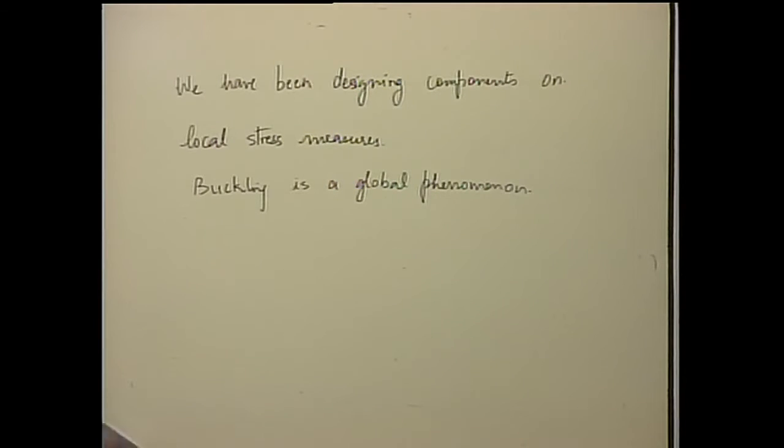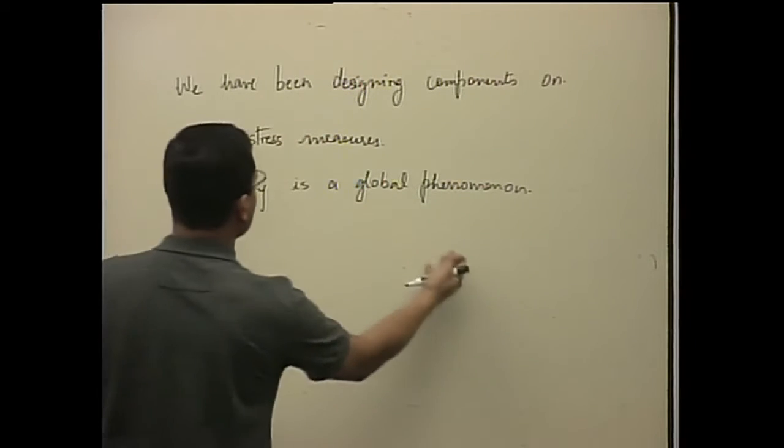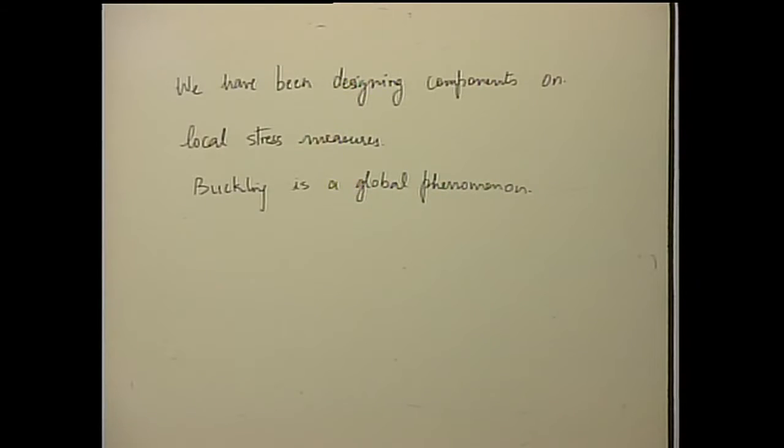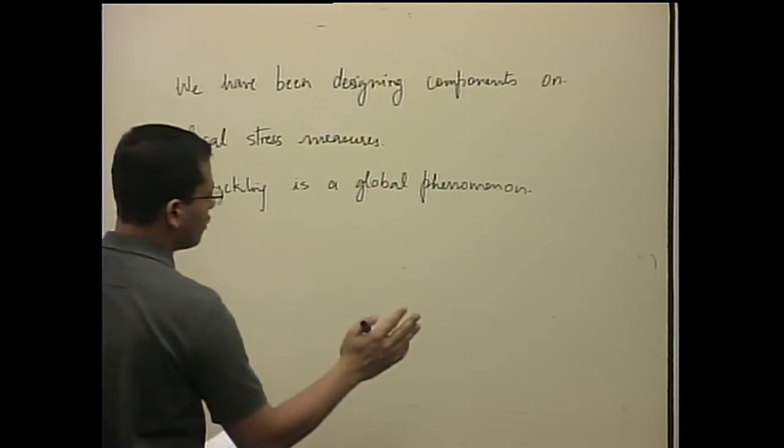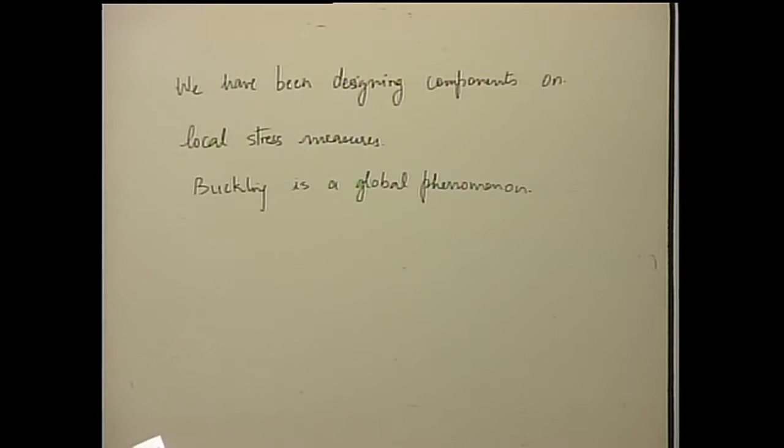It can be a local phenomenon at times, but the definition of local is different in that case. There would be some component which is small enough to characterize itself as a local region, and then buckling can happen in that region. But buckling is mostly a global phenomenon. We do not look at a cross section or a local stress measure, like a stress concentration or something like that. We are looking at the global behavior of that component.